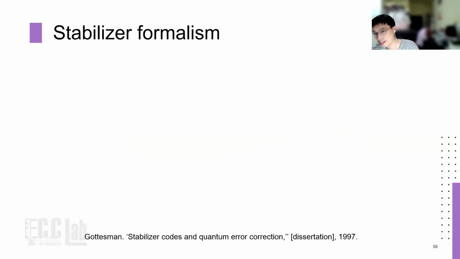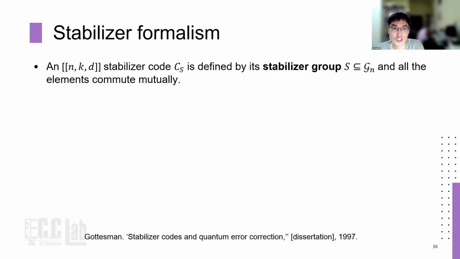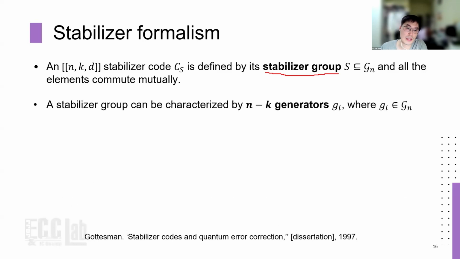So now we consider the stabilizer formalism, which I think is very important for students of classical error correction who want to know quantum error correction. So an [[n,k,d]] stabilizer code is defined by its stabilizer group S, and all the elements commute mutually. And a stabilizer group can be characterized by n minus k generators, and each generator belongs to n-tuple Pauli group.